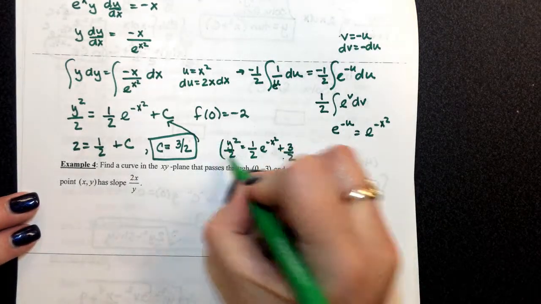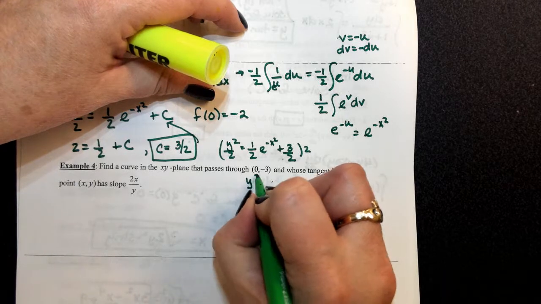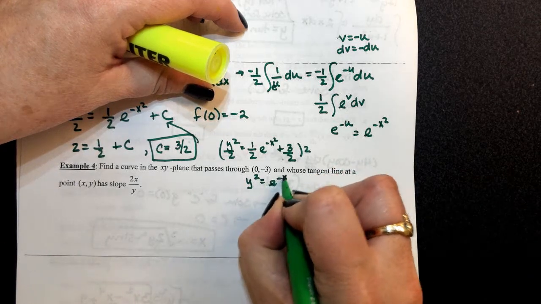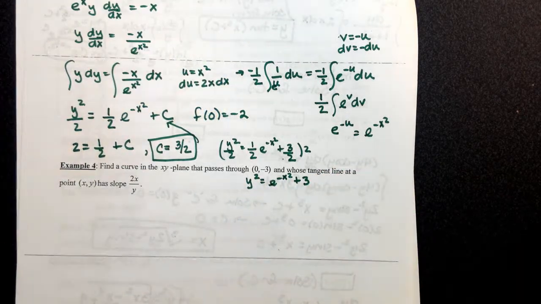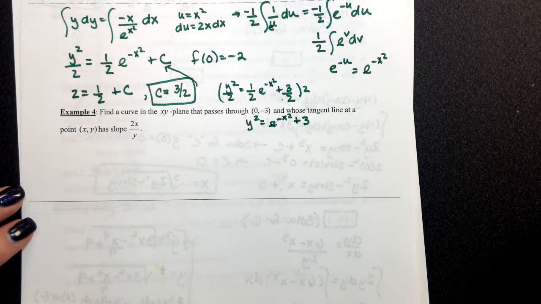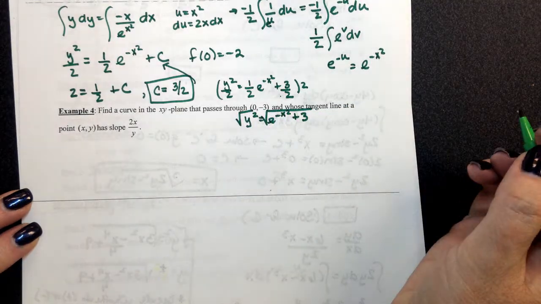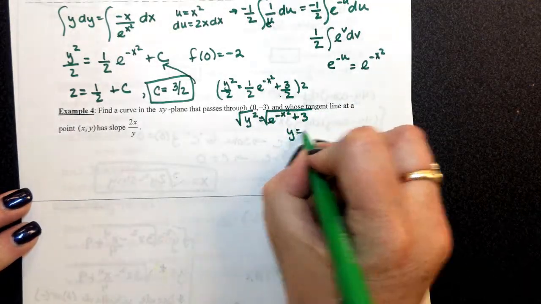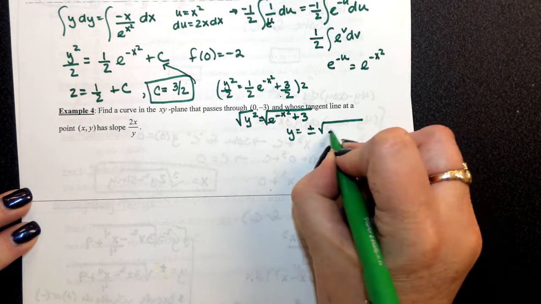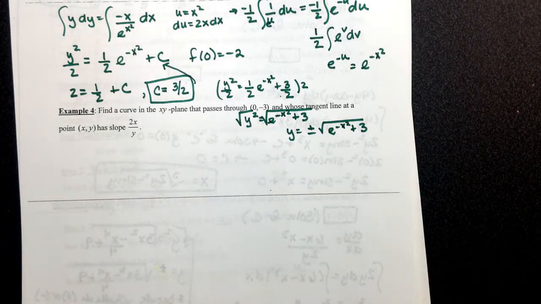Multiply everything by that denominator of 2. So then y squared is equal to e to the negative x squared plus 3. Then what? I'm going to take the what? Square root. And what do you have to remember to put in front of your radical when you do your square root? Plus or minus. So y is equal to plus or minus the square root of e to the negative x squared plus 3.